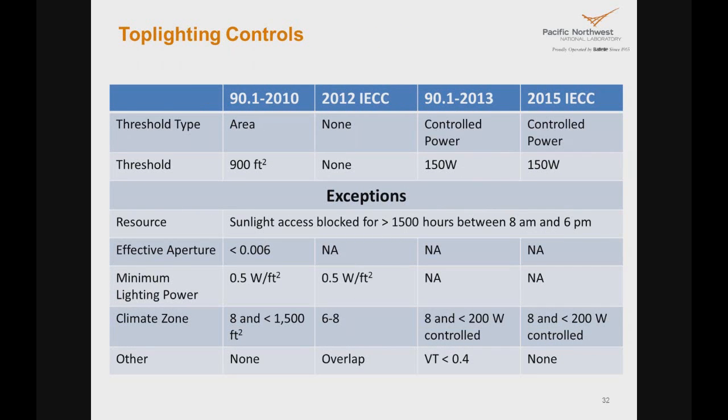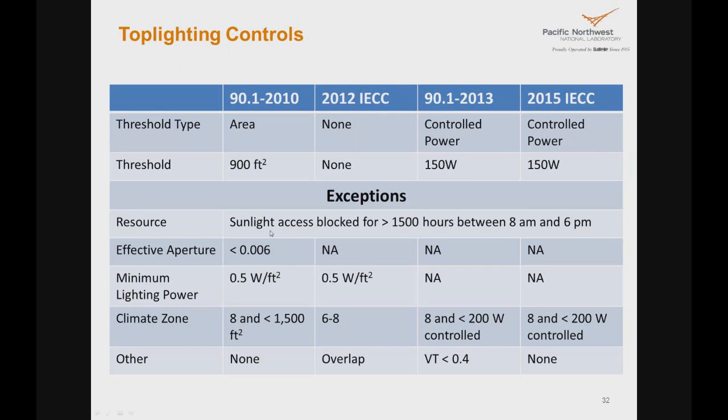Now moving on to top lighting controls. Again, we start with an area threshold in 90.1 2010, and then we move to a controlled power threshold in 90.1 2013 and the 2015 ICC. The requirements are similar, but there are some specific features for skylights.